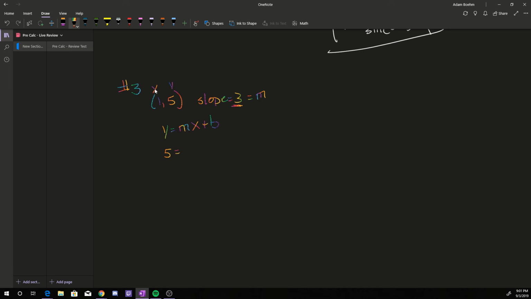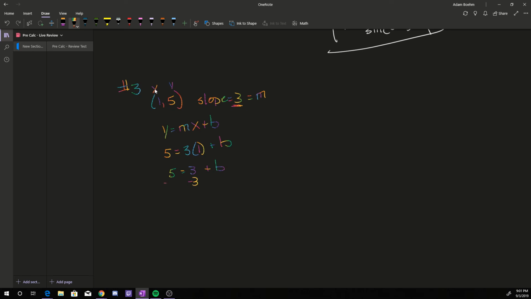So if you plug all that stuff in, you get this. 5 is equal to 3 times 1 plus b. And then you only have one unknown, so you have to solve for that. So 5 is equal to 3 plus b.